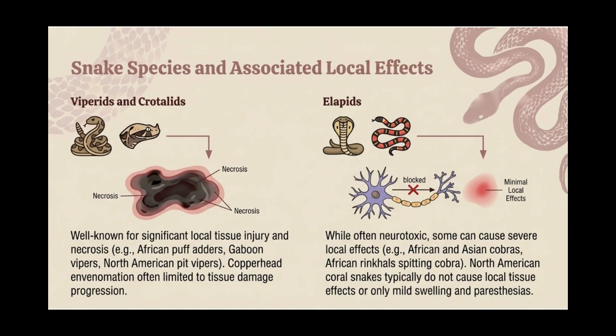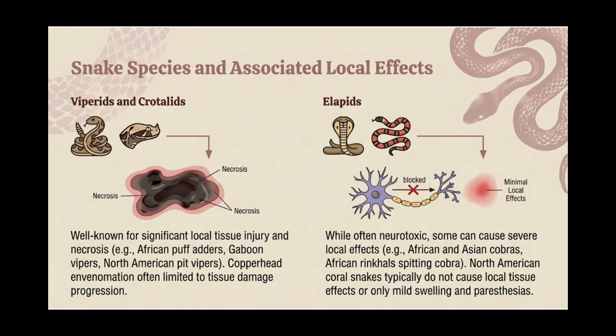For example, African garter snakes belonging to the genus Elapsoidea mainly cause local effects without significant systemic impact. The African ringhals or spitting cobra, known scientifically as Hemachatus haemachatus, can induce local tissue injury upon bite. African and Asian cobras classified under the genus Naja vary in their effects depending on the species. Some can cause severe damage to local tissues and may also induce paralysis due to neurotoxicity.